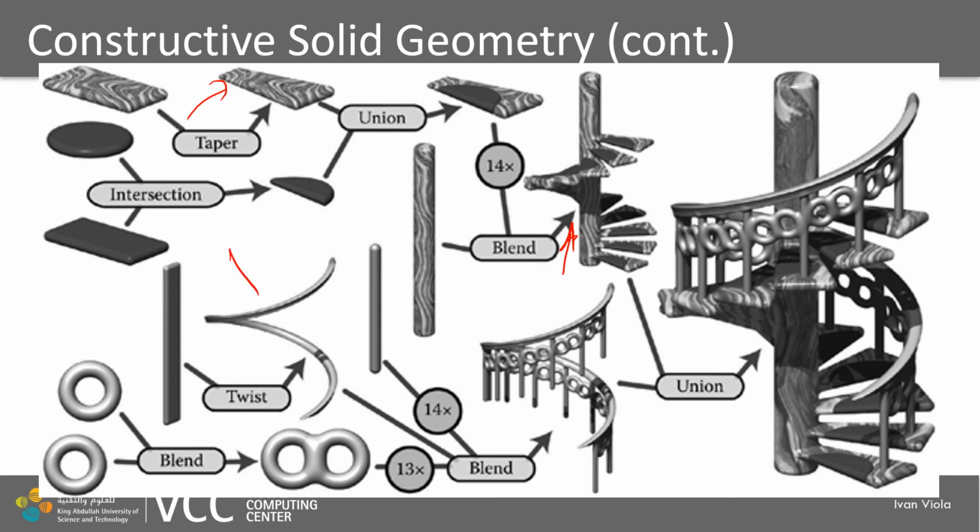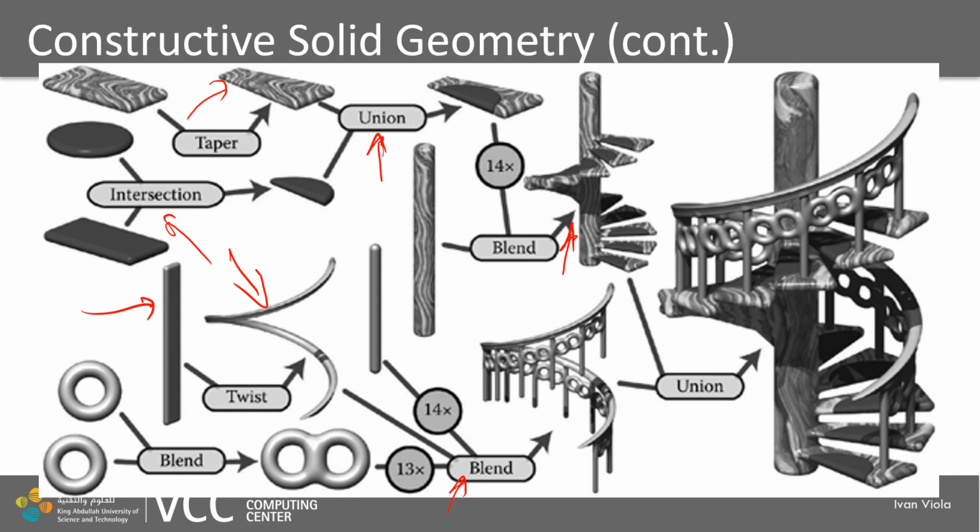Here is some kind of a twist warping function applied to an otherwise rectangular skeletal primitive, and so on, so that we can create first some simple combinations of our implicit representations and put them together through blending or through union or through intersection.